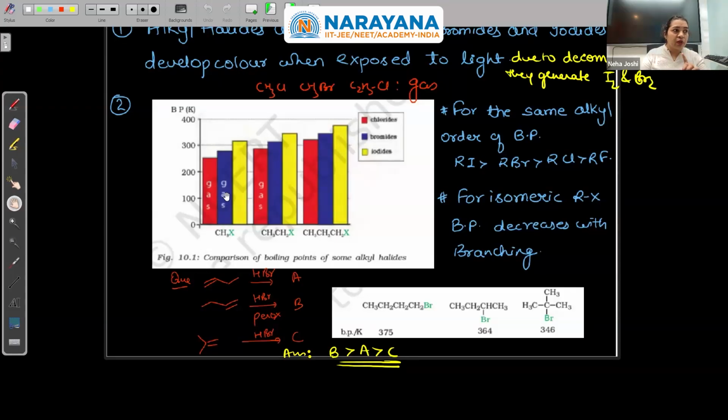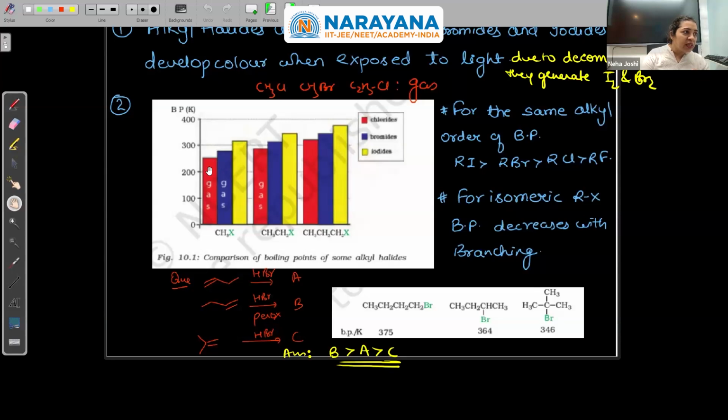You are with me fully? See, iodides have the maximum boiling point, then the bromide, then the chloride. When you go from CH₃X to CH₃CH₂X, this point remains same, iodide highest, then bromide, then chloride.